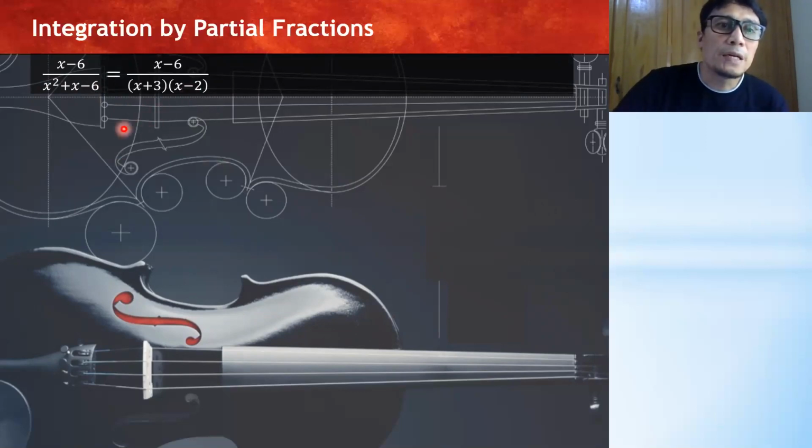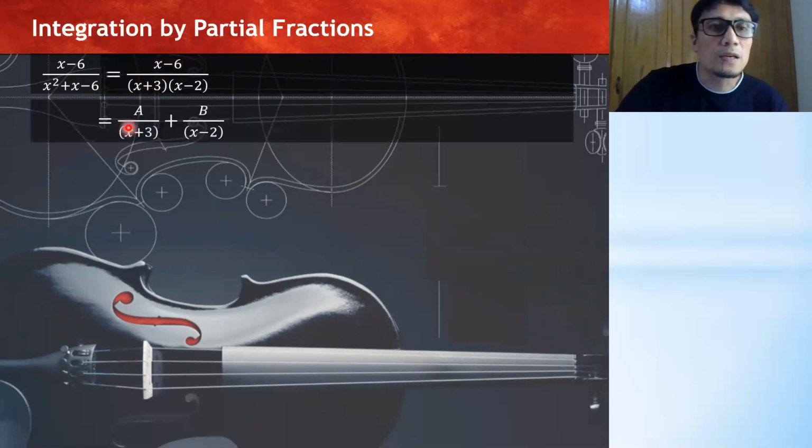And then after that, we're going to write two partial fractions, respectively, as A over x plus 3 and B over x minus 2. Now, don't mind the x minus 6 because that will play its role later. So you will have equals A over x plus 3 plus B over x minus 2.